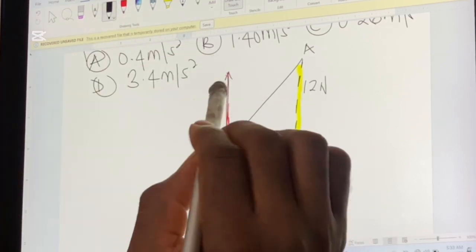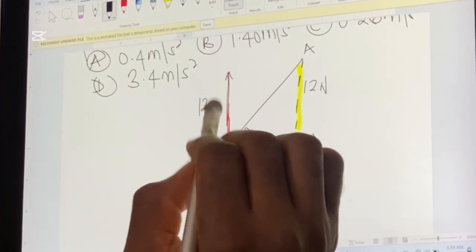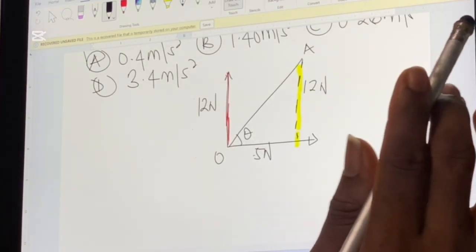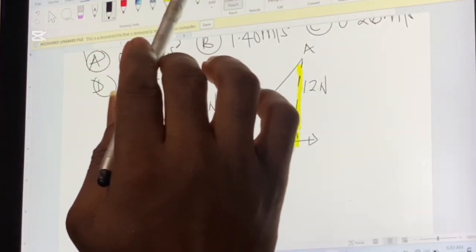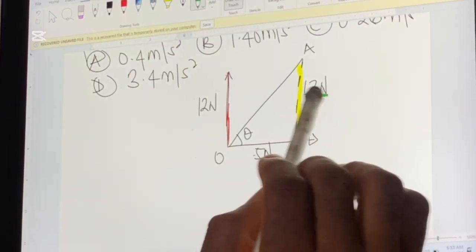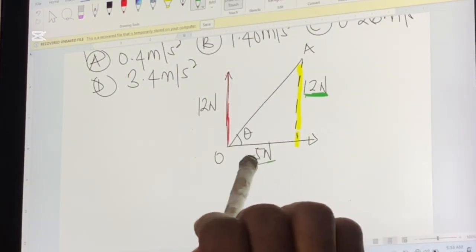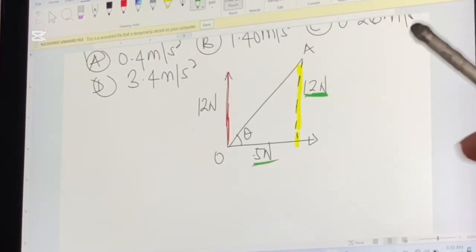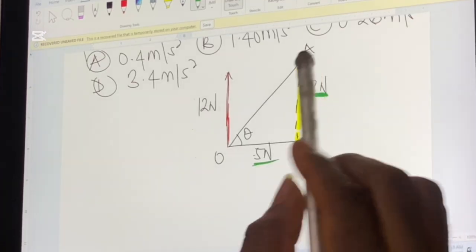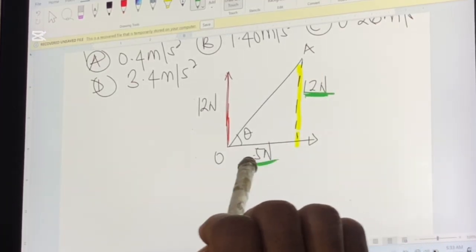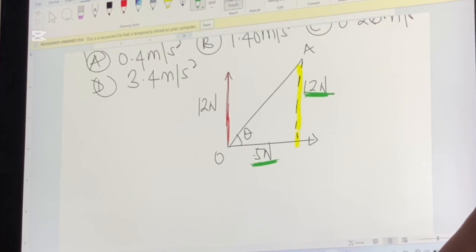So this is also 12 newtons, and we are asked to find the acceleration between these 12 newtons and 5 newtons.